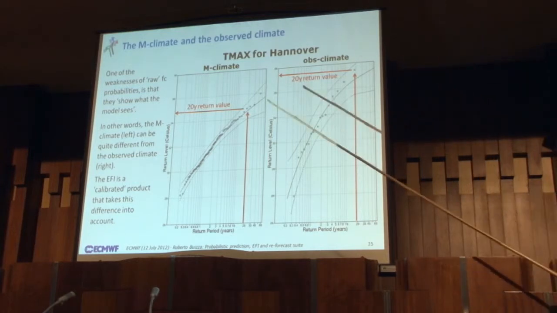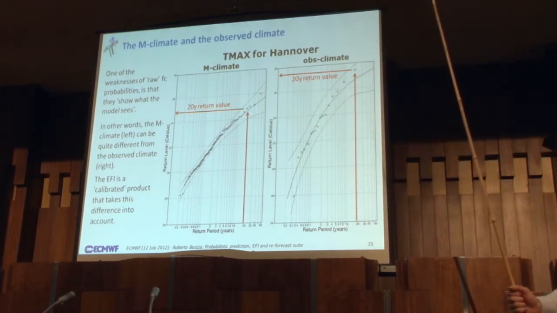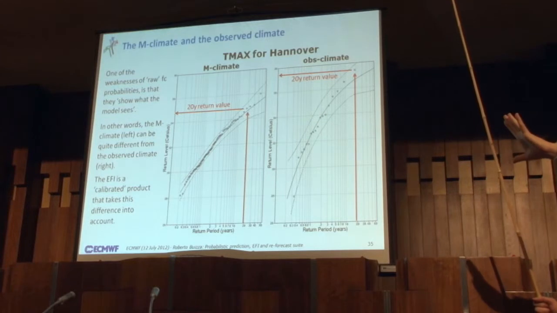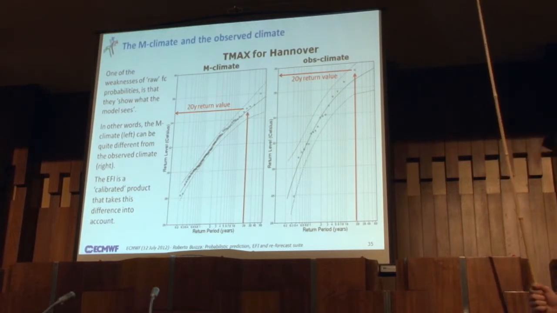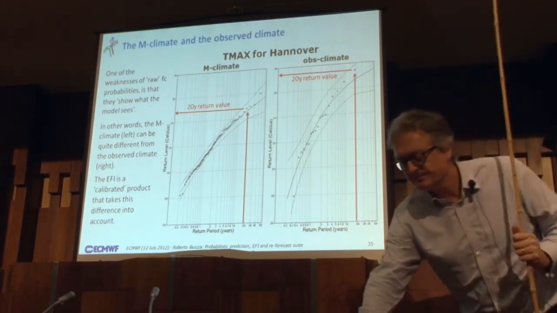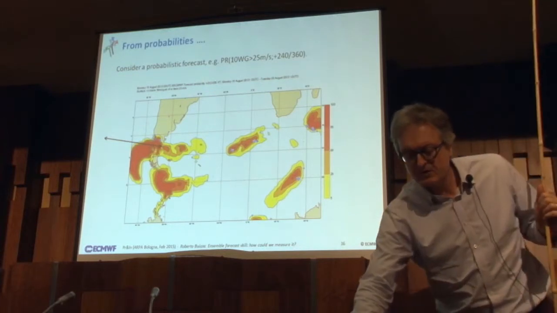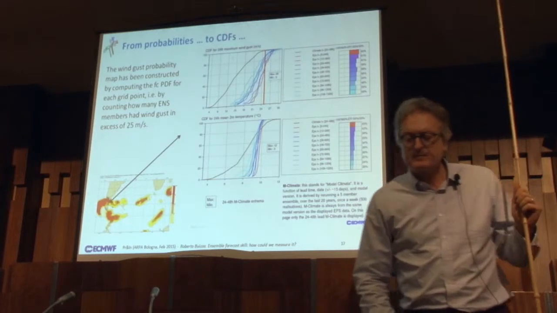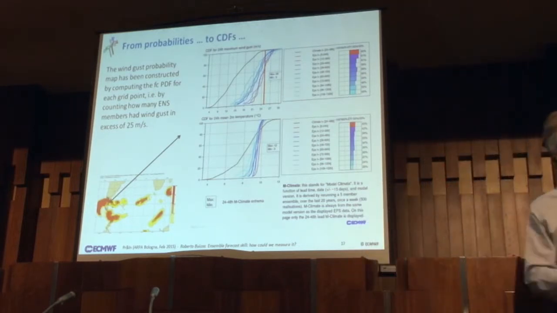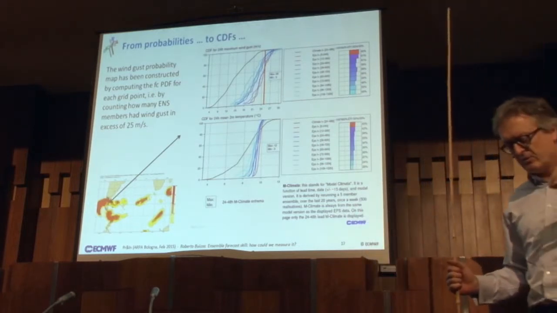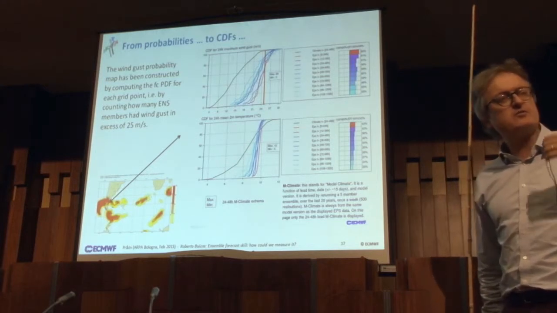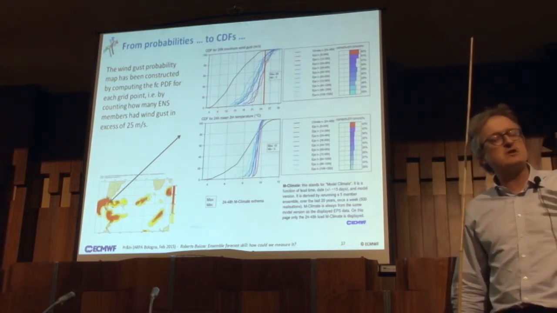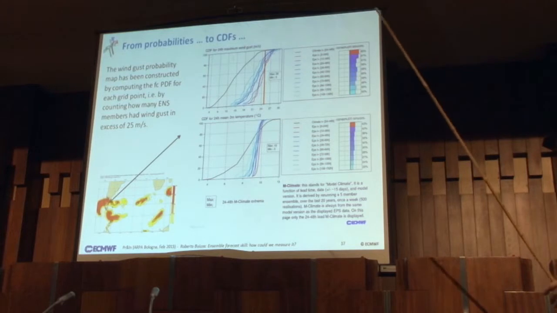How can I go from the model space to the real space in an objective way? So going from probabilities in model space into something that tells me more about the real world.